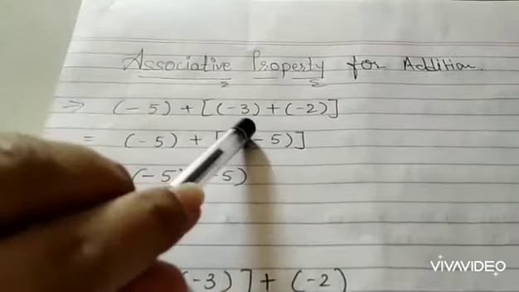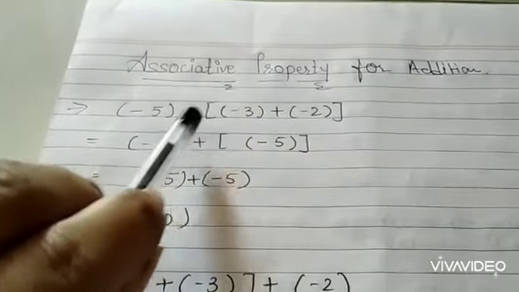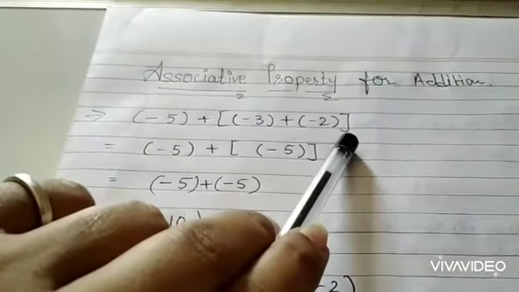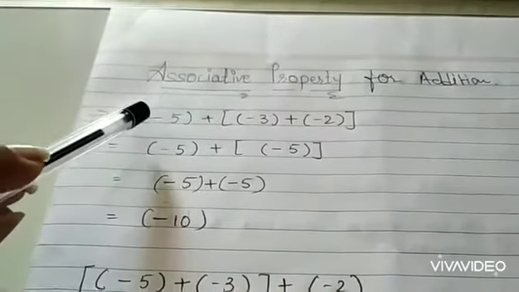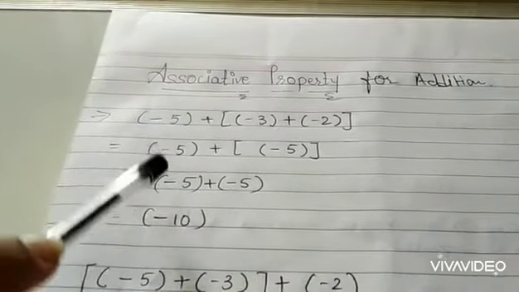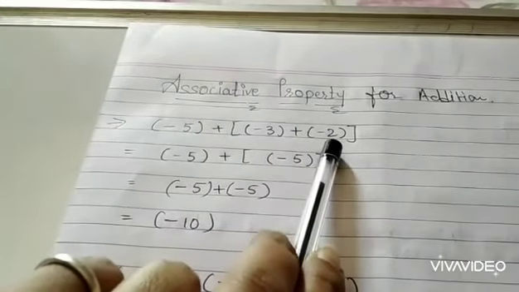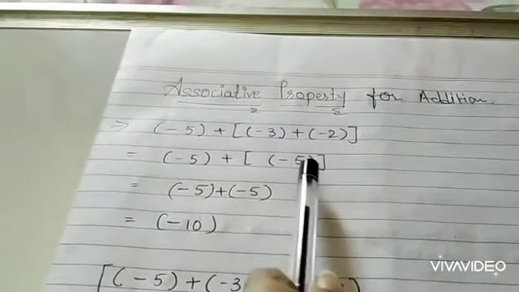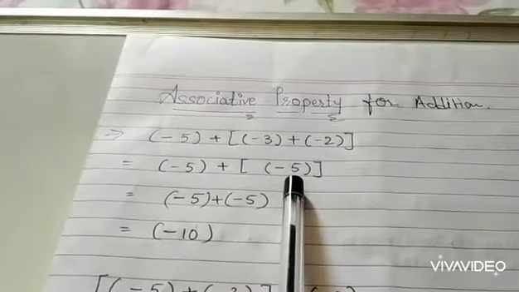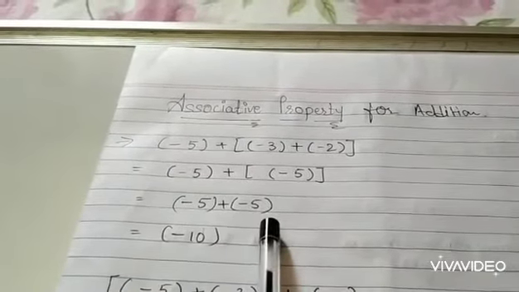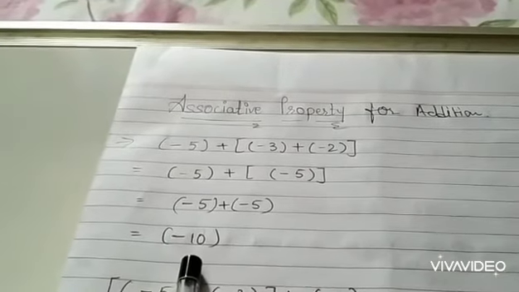Now we are arranging these two numbers inside a bracket, so it will be minus 3 plus minus 2 inside a bracket. Now if we do the addition, minus 3 plus minus 2, both are negative numbers, and your answer will be minus 5. Now adding these two numbers, we get minus 5 plus minus 5. So the answer will be minus 10.